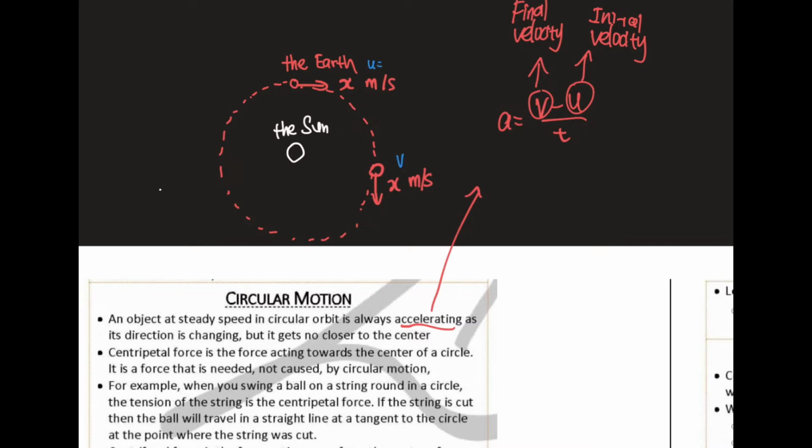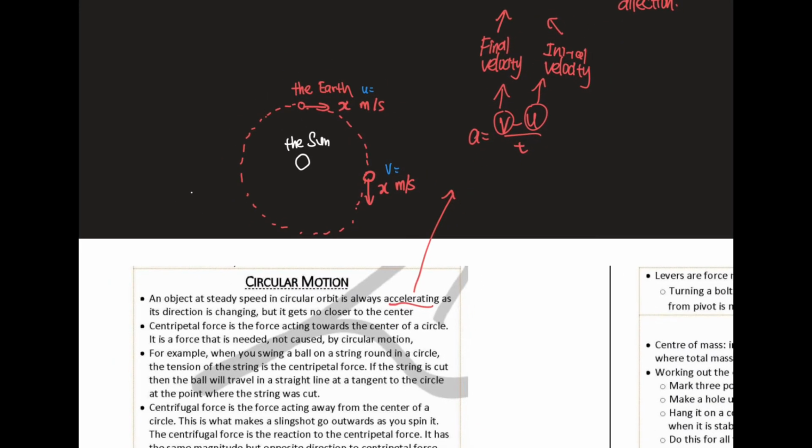This is the v, final velocity. You can see the u is acting to the right, the v is acting down. Although they have the same speed, the same magnitude, they have different directions.